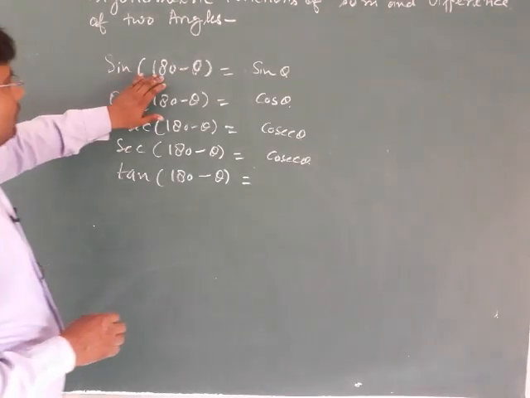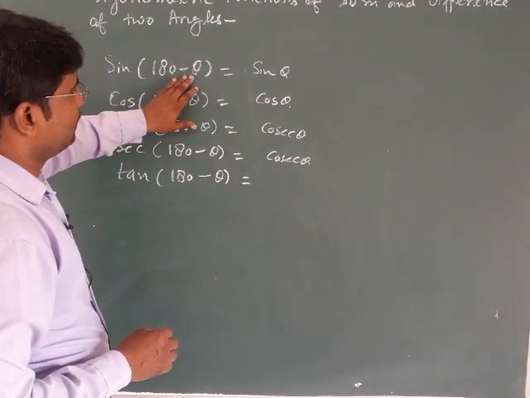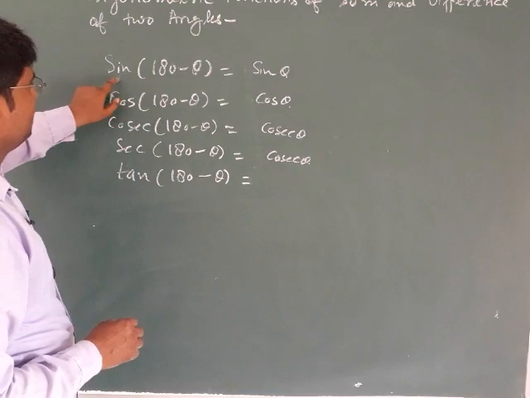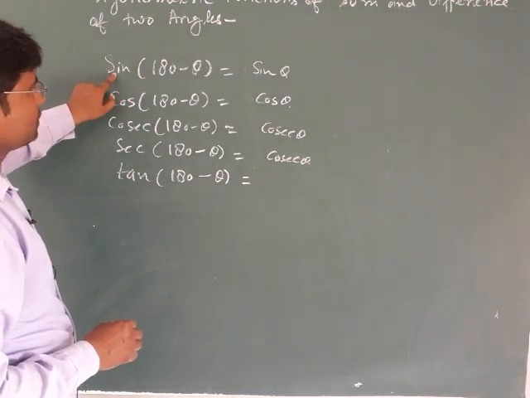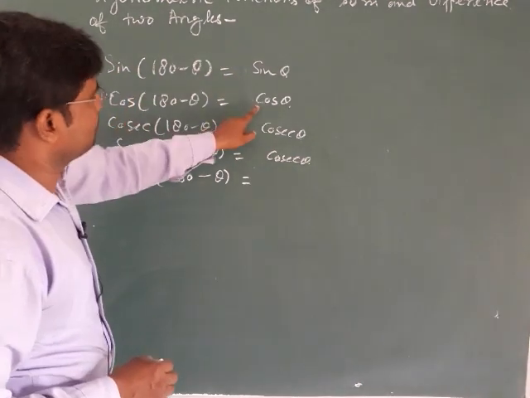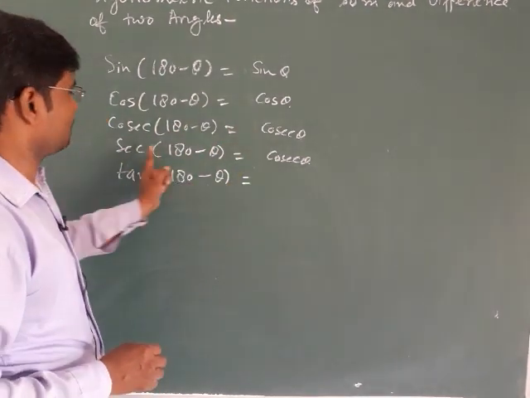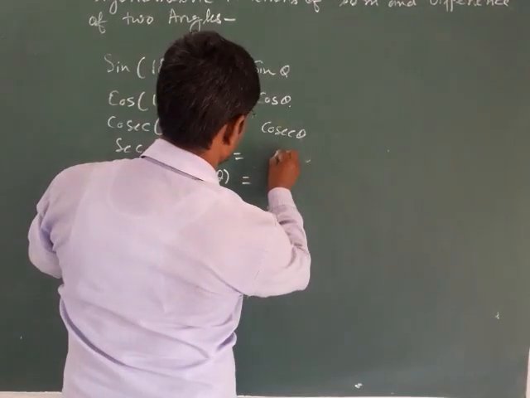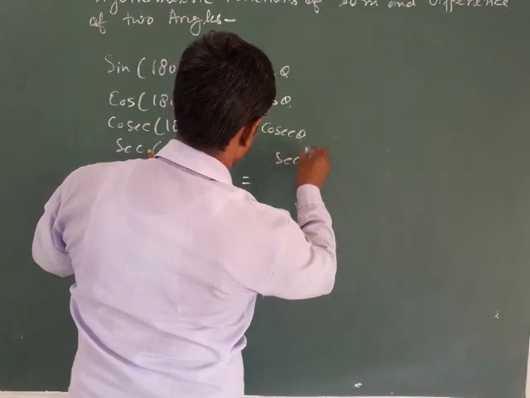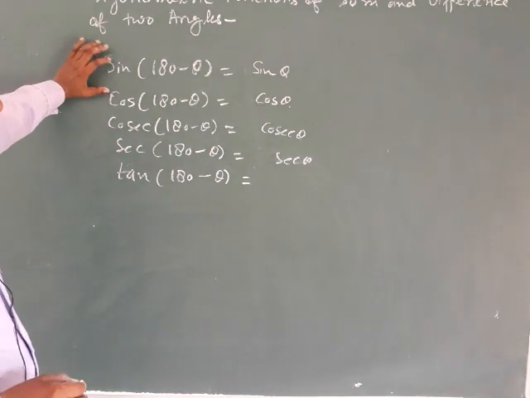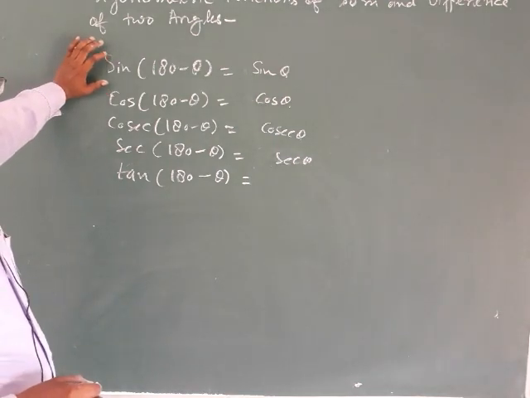So sin of 180 minus theta is equal to sin theta. This means there is no change in the ratio: sin stays sin, cos stays cos, cosec stays cosec, sec stays sec. These values lie in the second quadrant.